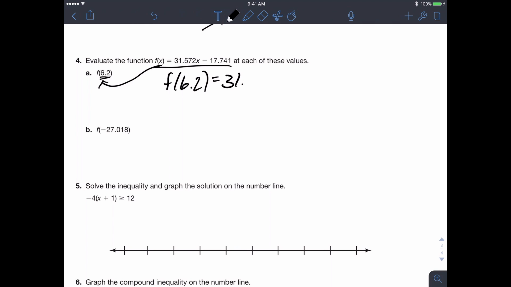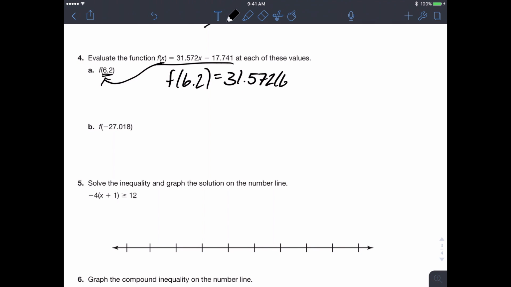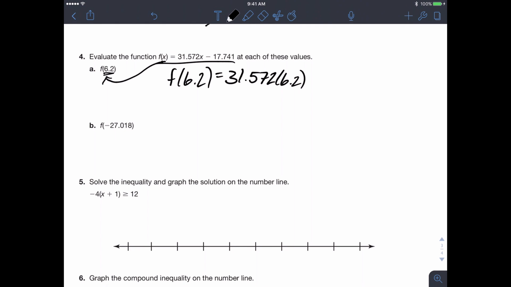Equals 31.572 times 6.2 minus 17.741. Do the math, get a number. Pretty easy. And you're going to do the same thing over here.